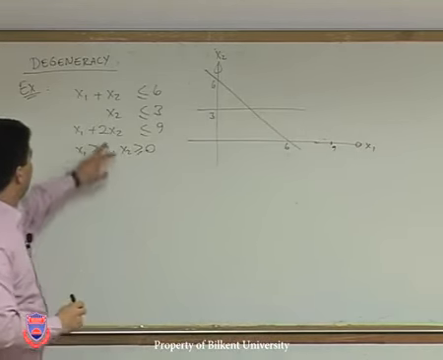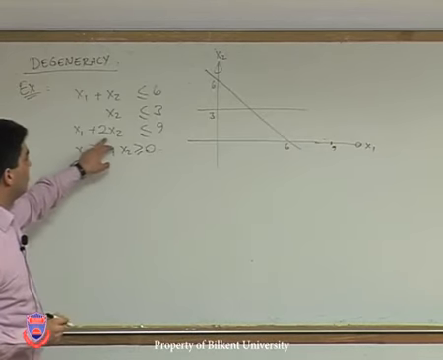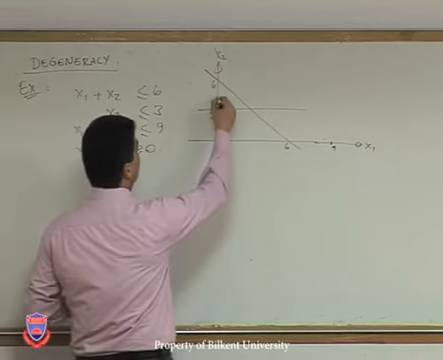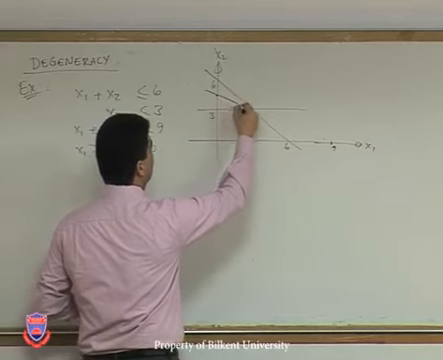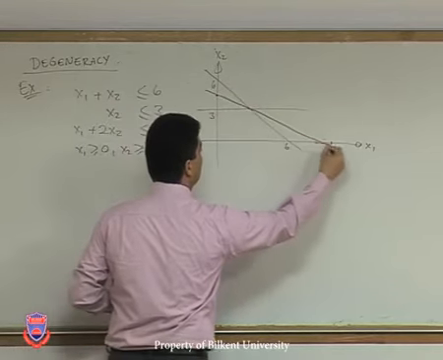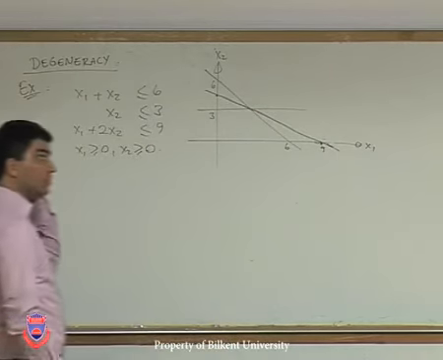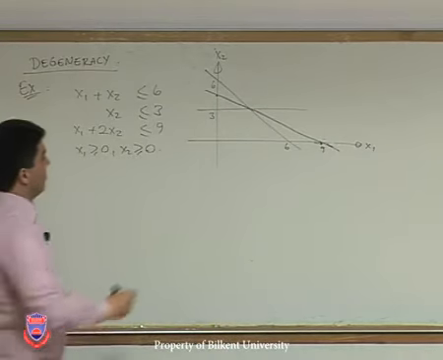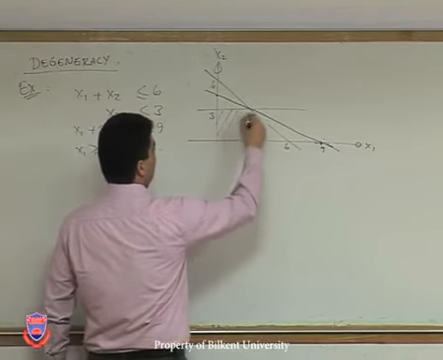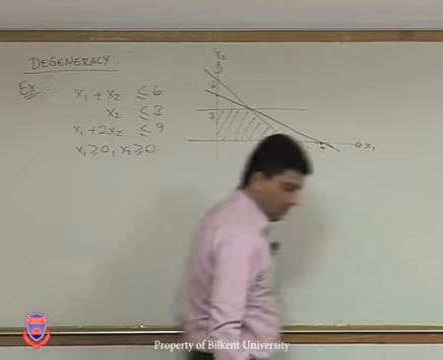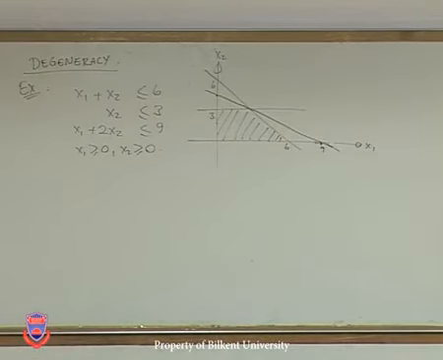And if x1 is 0, x2 is equal to 4.5, which is the midpoint here. So it goes through these 2 points, but at the same time, it actually goes through the intersection point as well. And then we have non-negativity, so you can easily verify that this is a feasible region.